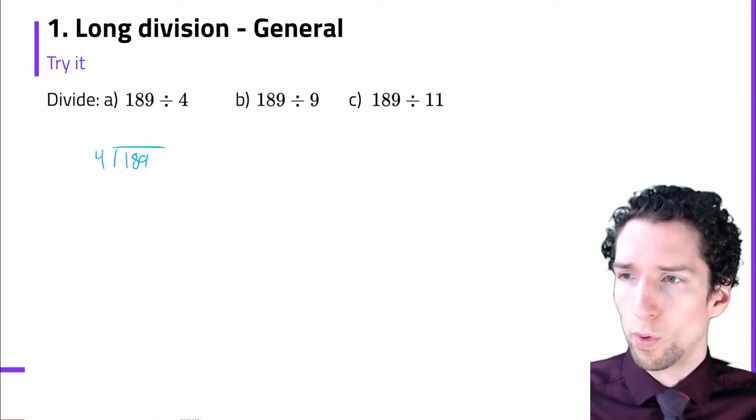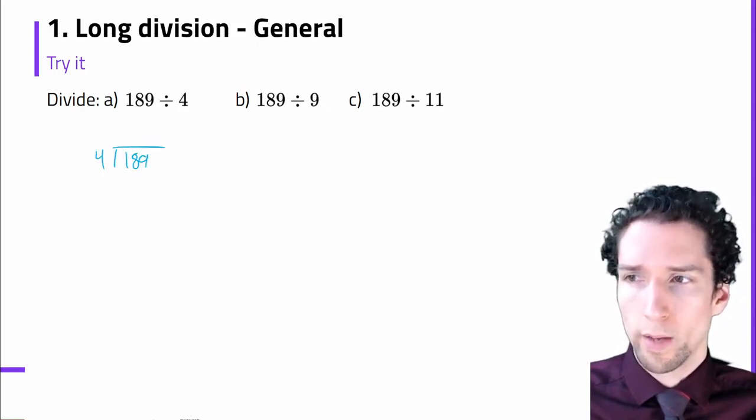divided by 4. I know I'm not going to have a nice clean integer result here, but I will not have an infinite decimal.